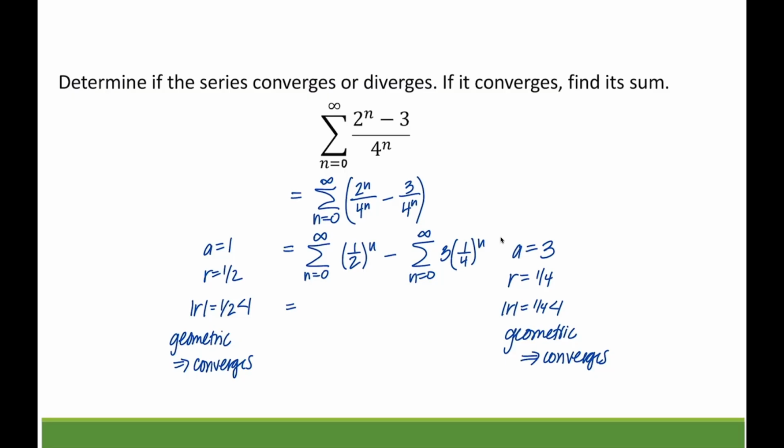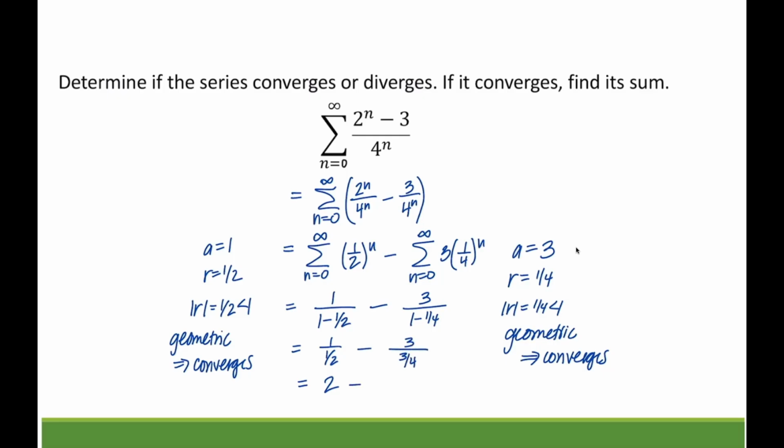So this first one would be a over 1 minus 1/2. So 1 over 1/2. If I multiply by the reciprocal, that's 2. Minus, over here, my first term is 3 over 1 minus r, which is 1/4. So that's 3 over 3/4.